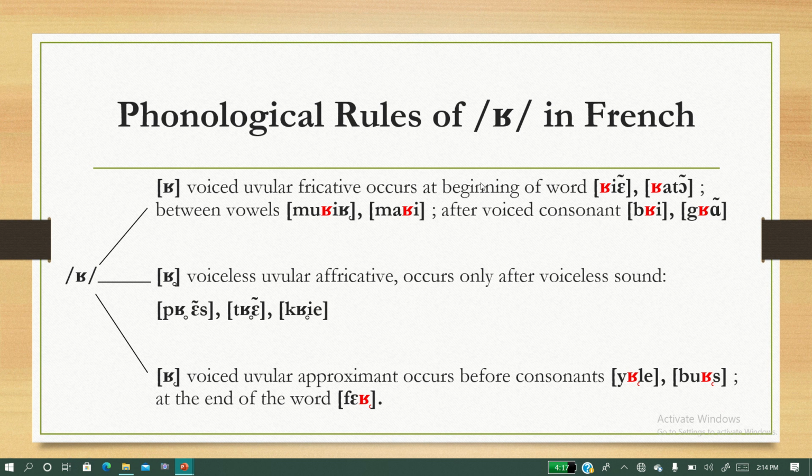Let us see the beginning of the word followed by a vowel. Between vowels, it is in the middle position, and then after the voiced consonants b and g. The second one is the voiceless uvular fricative, which occurs only after voiceless sounds, that is p, t, and k. And the last one is the voiced uvular approximant, which occurs before a consonant and also at the end of the word.